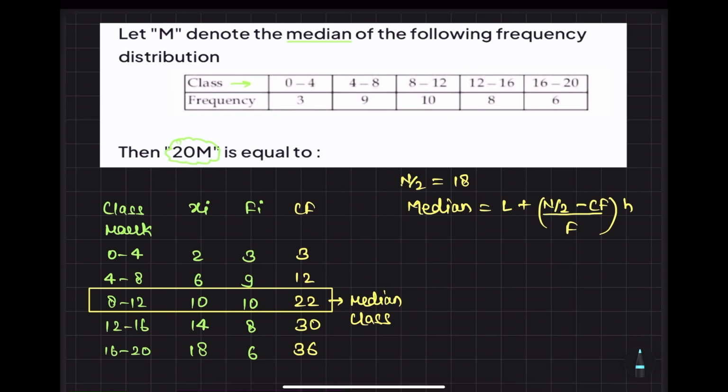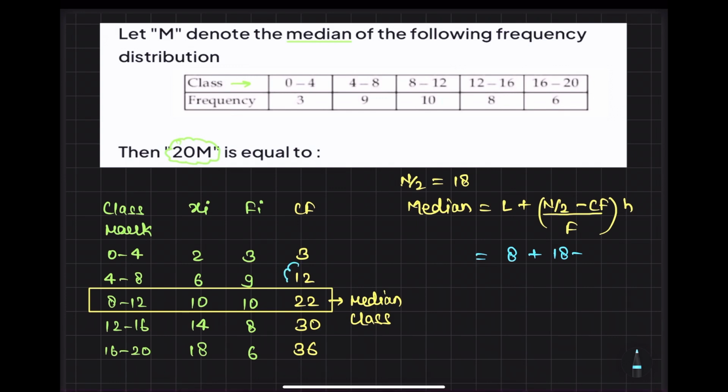Correct? Now let's solve this question. Substitute the value of L. L means lower limit of the median class. So what is the lower limit? So 8 or 12? 8 is lower limit, 12 is upper limit. So 8 plus n by 2 is 18 minus cumulative frequency.